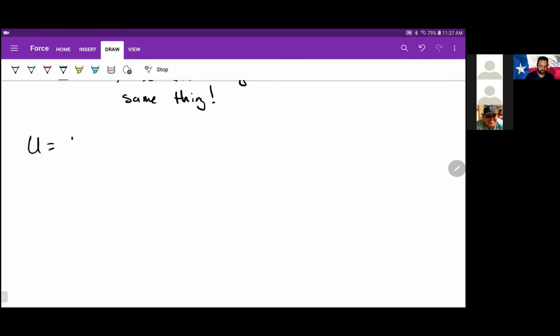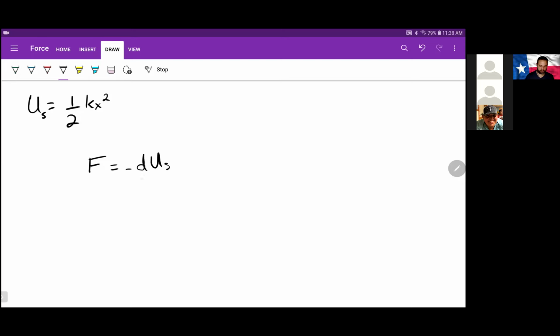Let's do another one. We had spring constant or elastic potential energy, 1/2 kx squared. And we'll do the derivative with respect to x because of the x here.